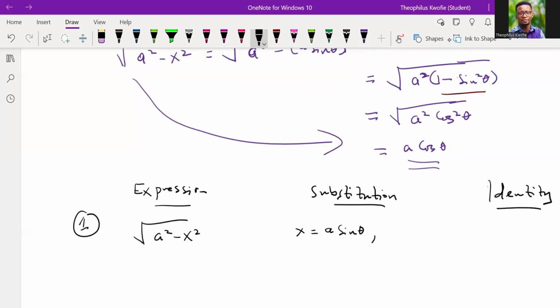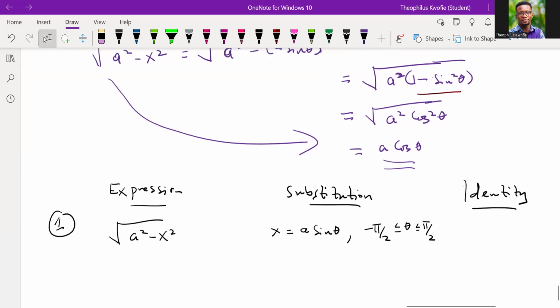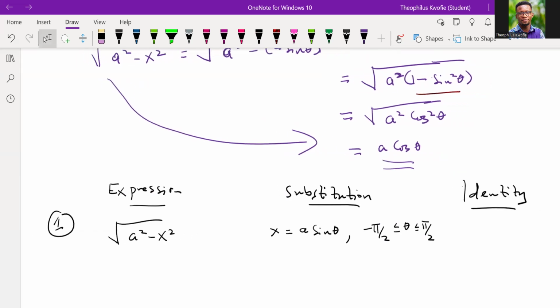And we want to restrict theta within the domain from negative 90 to positive 90 degrees. Is that okay? Very good.